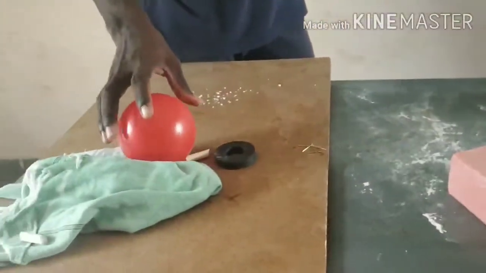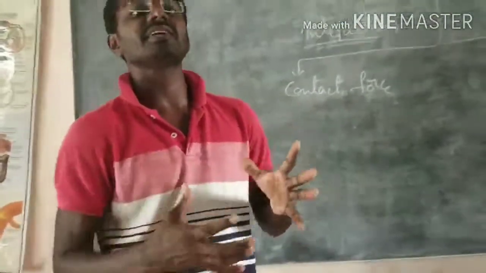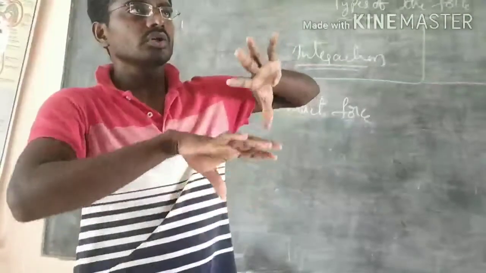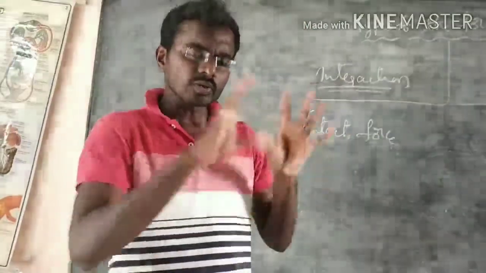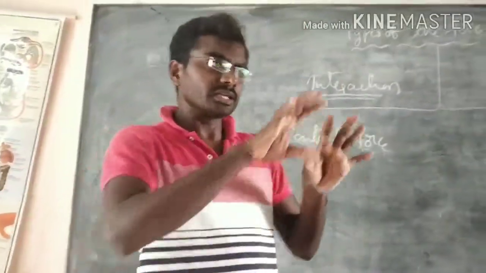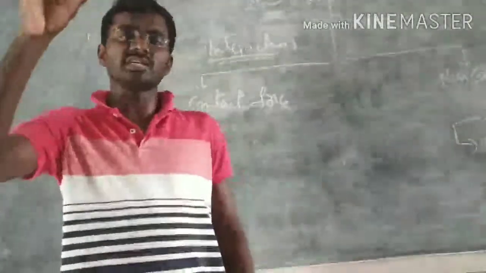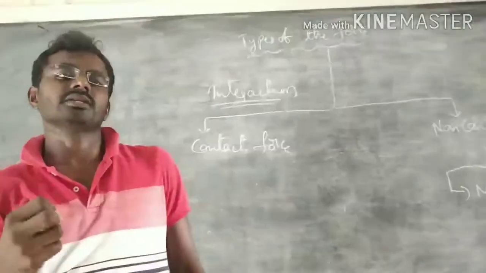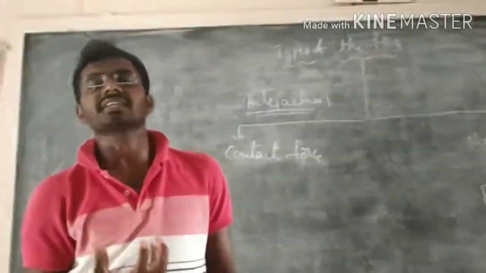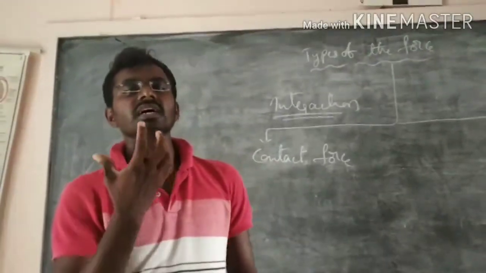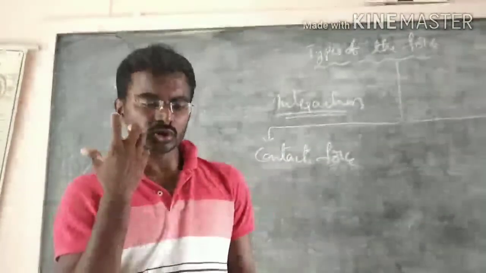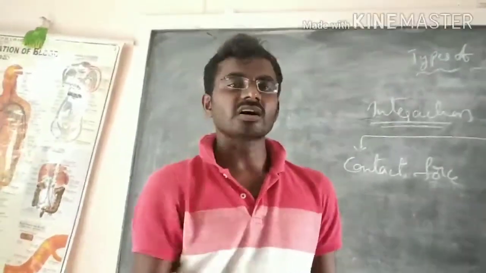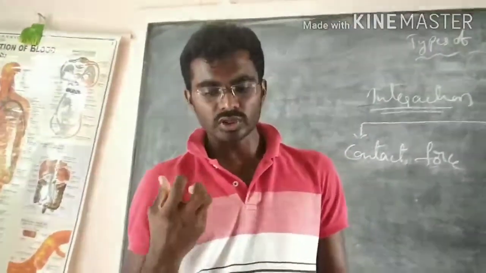That is called the earth's gravitational force. Around the earth, up to some region, any object in that region is attracted towards the center by the earth. The force applied by the earth on an object is called gravitational force.